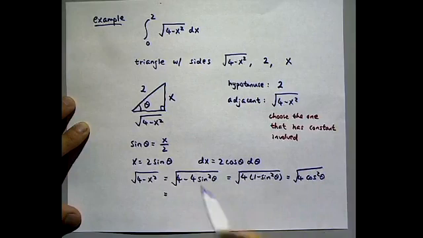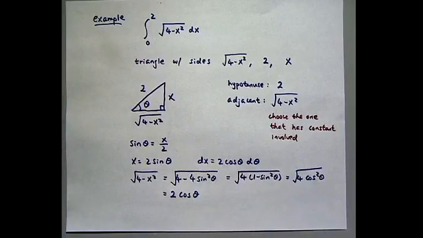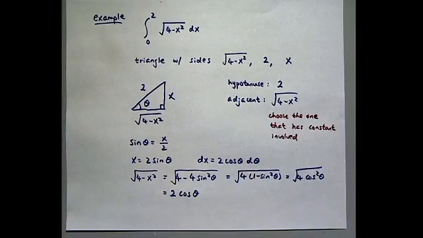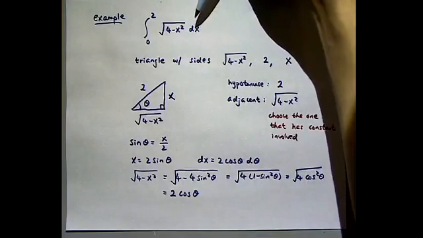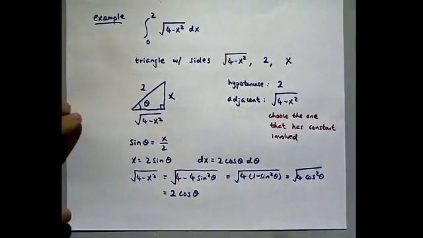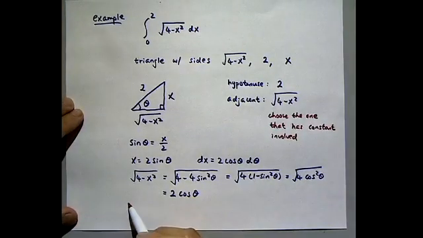And we get 2 cosine theta. Okay, so we got this taken care of. We got dx taken care of. 0 and 2, that's the next thing to do.